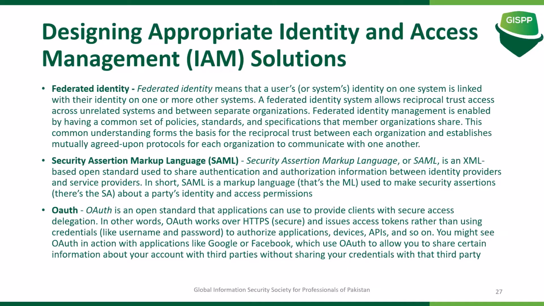Take large government departments, for example. Users in one government department can access resources in another government department, although they are not working for that department and do not have a user account on its system. The identity management systems are simply linked together. That's what we call a federated identity.